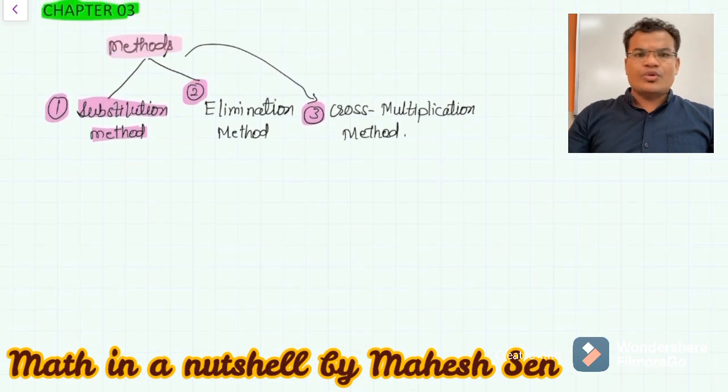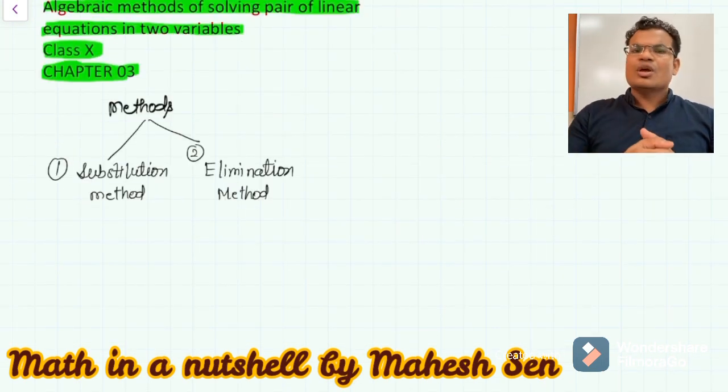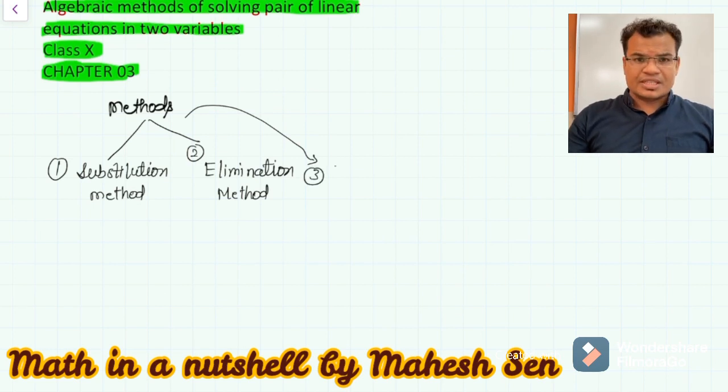Now guys, we will have some examples of the substitution method, then we will go for the elimination method, and then finally we will move to cross multiplication. We have exercise 3.3, and after this we'll have the questions from the exercise.